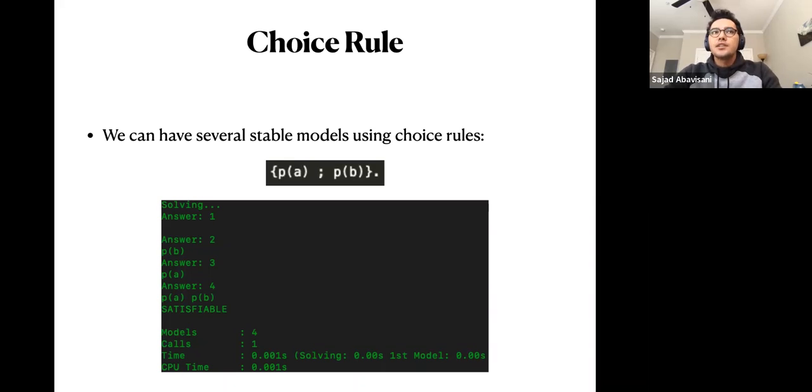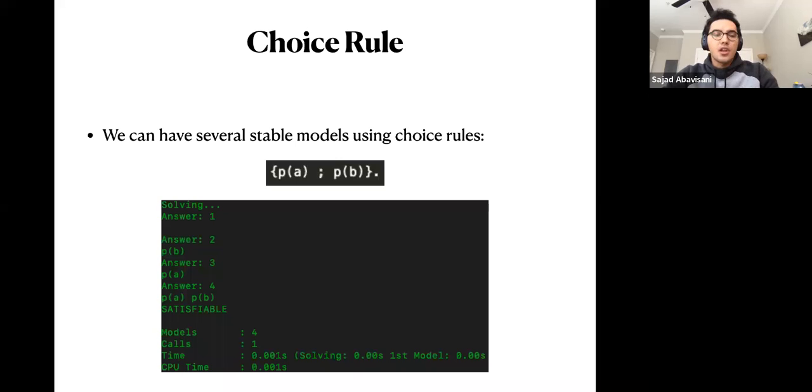And the idea is that later on, when we want to solve real problems, we will just produce all of our possibilities like this with choice rules. And if you have several of them, their number of possibilities will multiply. So here we have 4 stable models. If you have another one, 2, the total number will be 8.